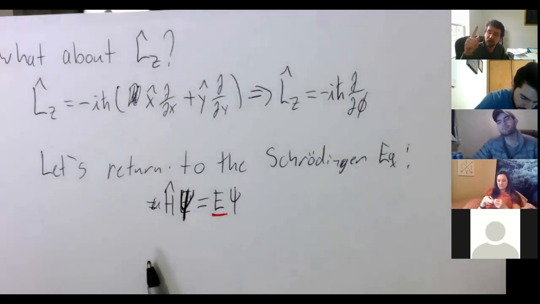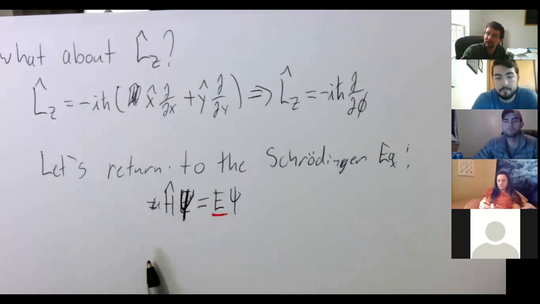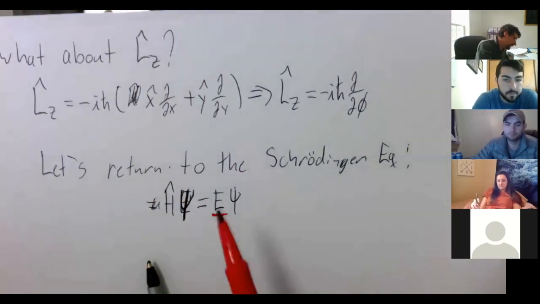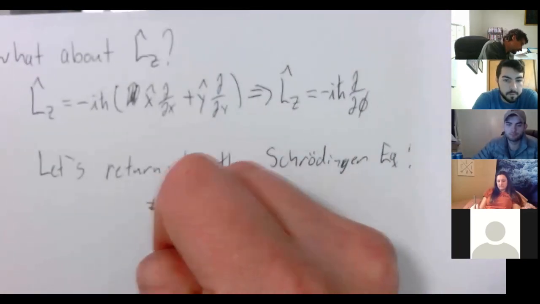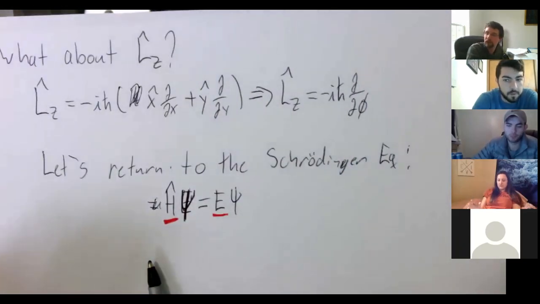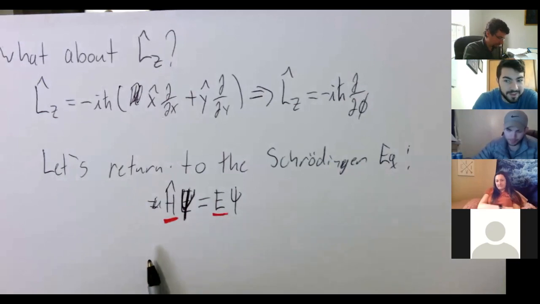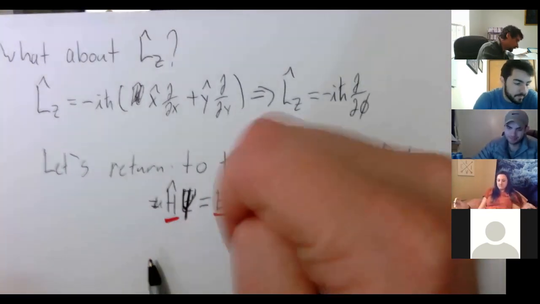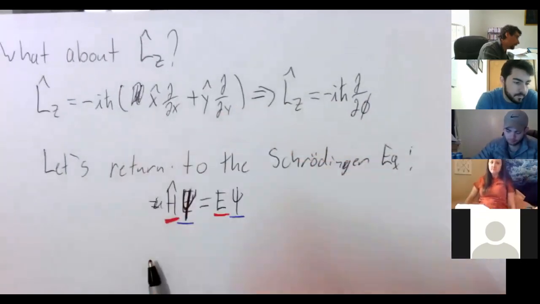We always find the energy. What else do we want to know? What is the wave function? Yeah, we want to know what the wave function is so we can predict its behavior. So we're going to try and find this.